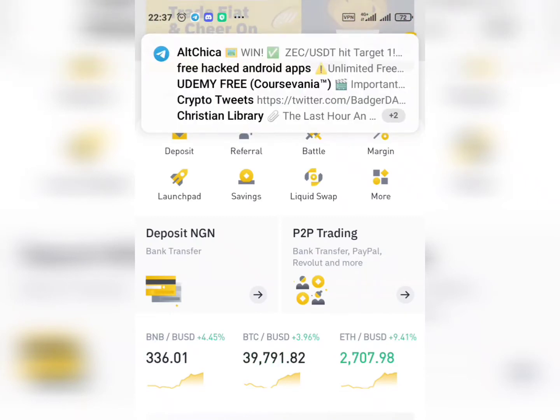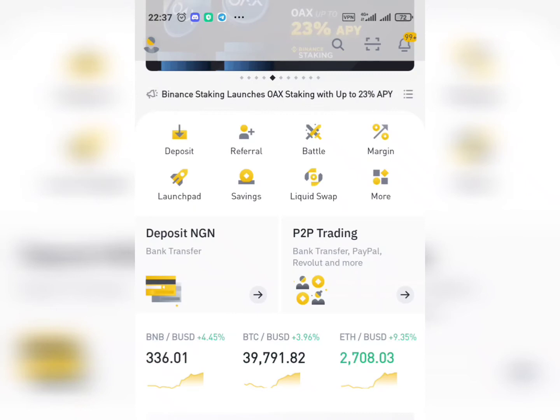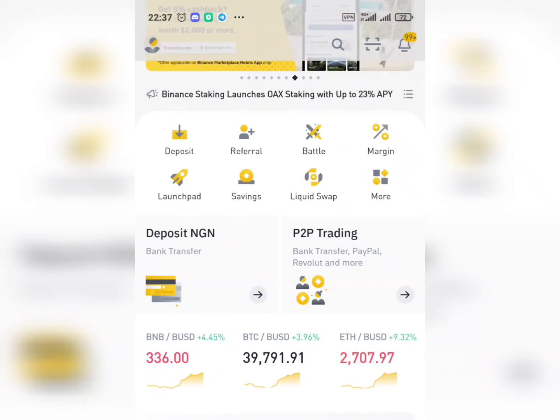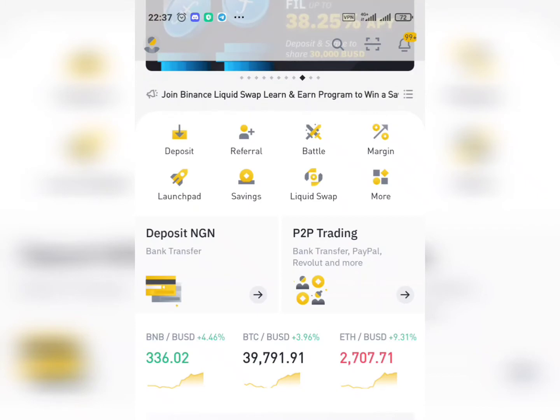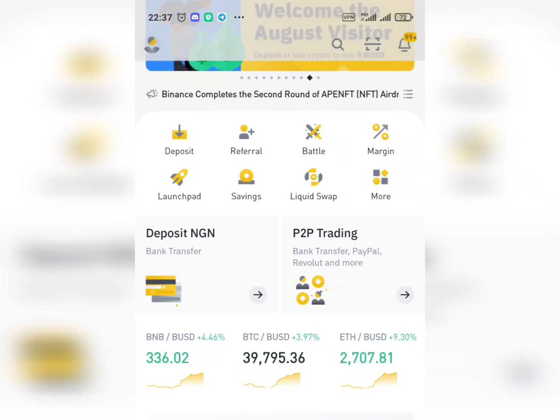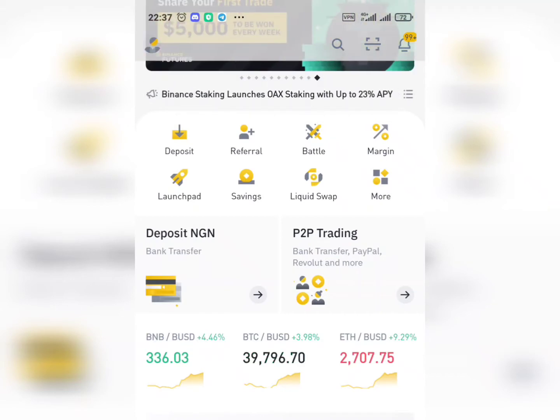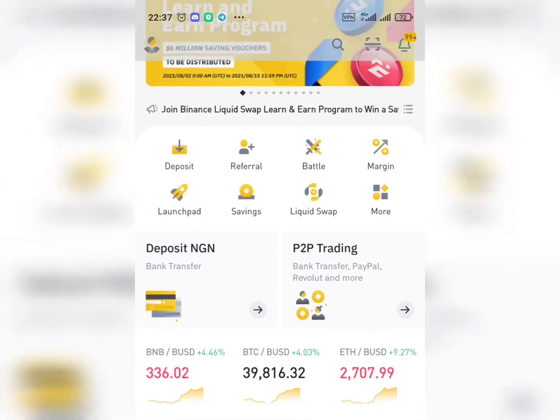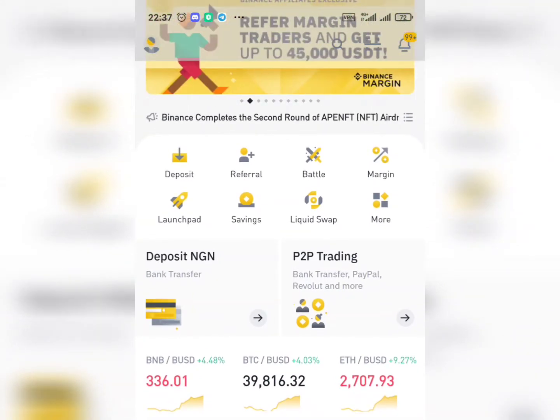So the point of stop loss is just to help you minimize loss so that when the market starts dropping, you don't lose out, because this is a speculative market and everything is not written in stone. So it's possible that prediction might go against you, and if there's no stop loss, it might drop way below your entry price.